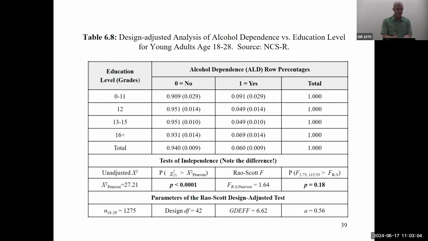This is what can happen when you do that. That's not the full story about the complex sample design. In this case, adjusting for the stratification and cluster sampling is very, very important. Okay? Ignorance of that would lead to a radically different conclusion about this association. That's the key. Okay. Other questions about this example?